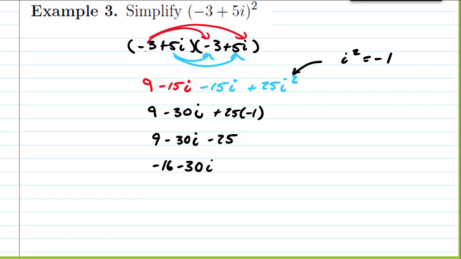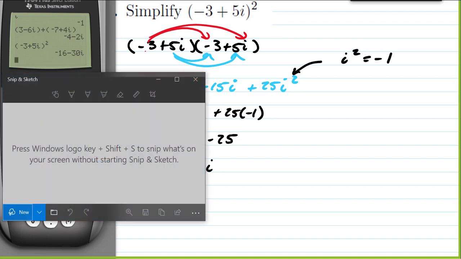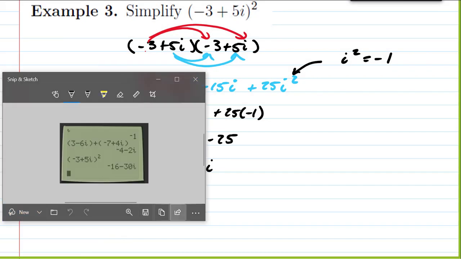So we could also double check that on our calculator. We go negative 3 plus 5i, and we square it. And we get negative 16 minus 30i, which is indeed the same thing we got when we worked it out by hand.